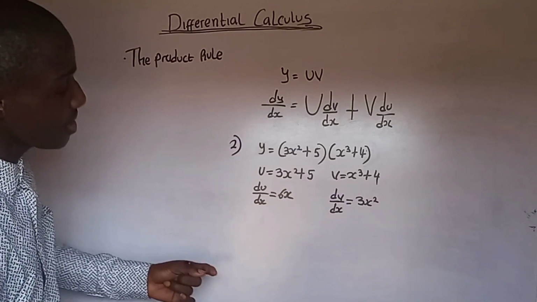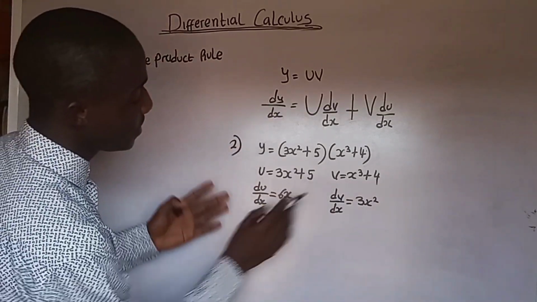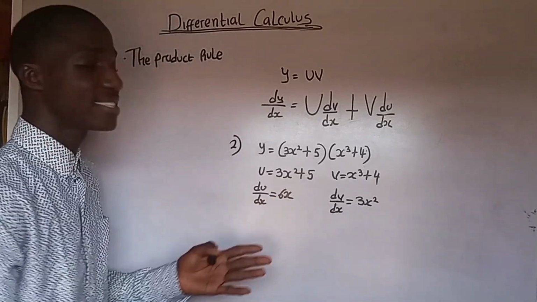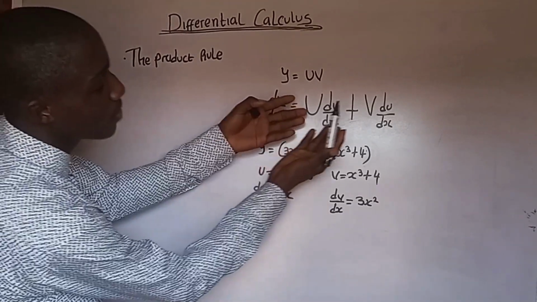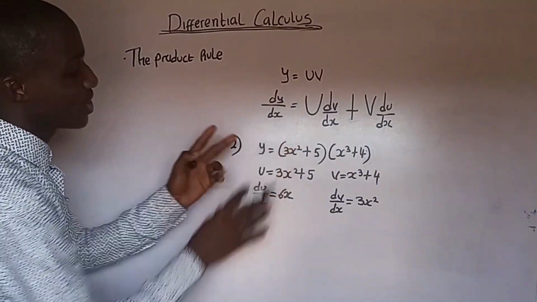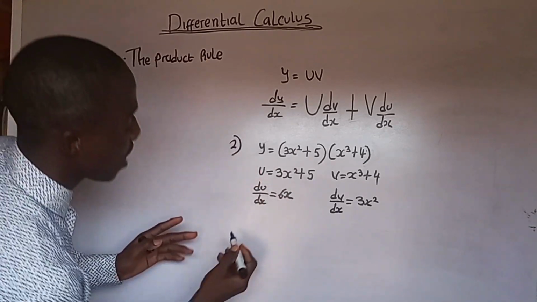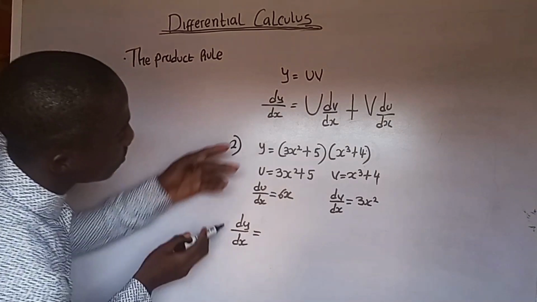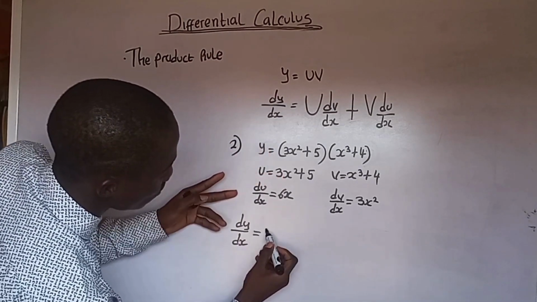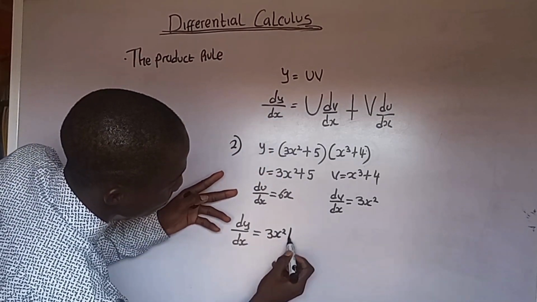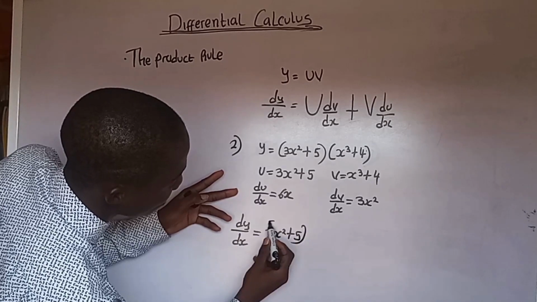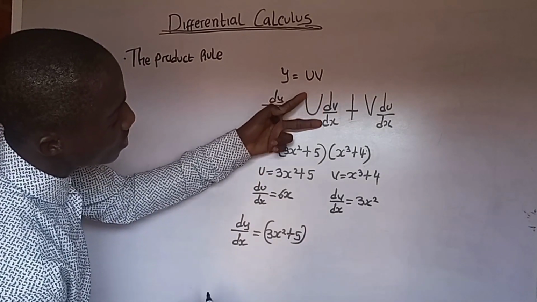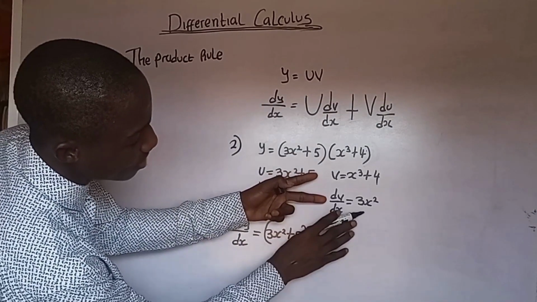So we have known the u, we have known the v, we have known du over dx, and we have known dv over dx. The next thing is to substitute all this into the product rule formula. u is equal to 3x squared plus 5. So I'm going to be having dy over dx is equal to, what is u? u equals 3x squared plus 5. Let me put that into brackets. dv over dx, which is 3x squared.